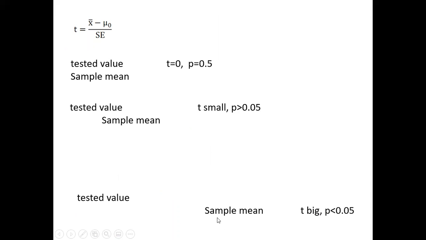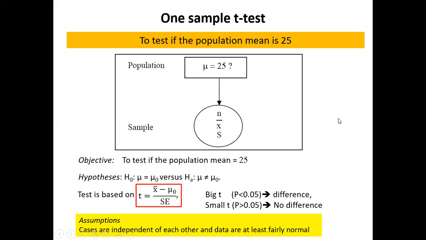But in this case, t is big, meaning the sample mean and tested value are very far apart. Therefore, reject H null. That means this is not true. In this case, they are very close. Do not reject. In this case, they're exactly the same. Do not reject. Right? So that's how you're going to look at it.